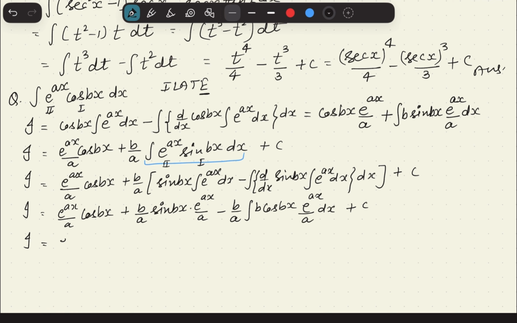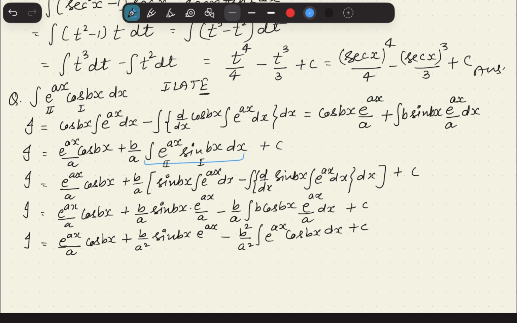This is I is equal to e to the power ax upon a cos bx plus b upon a square sin bx e to the power ax, and this is minus b square upon a square e to the power ax cos bx dx plus c.